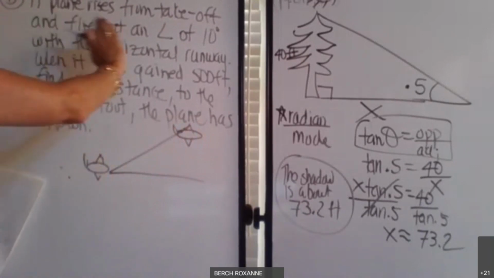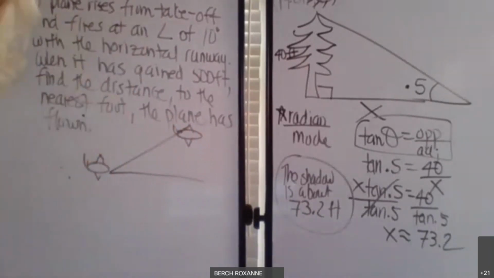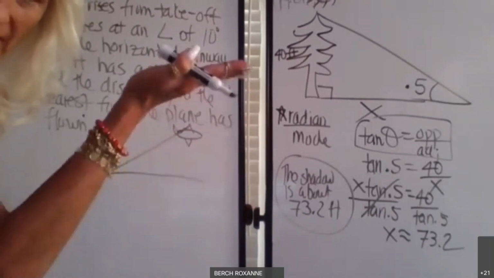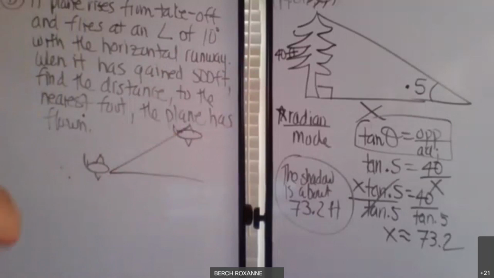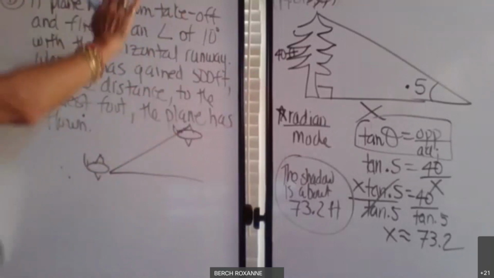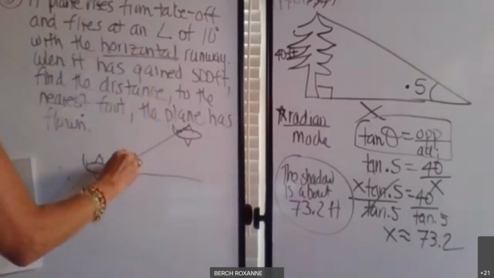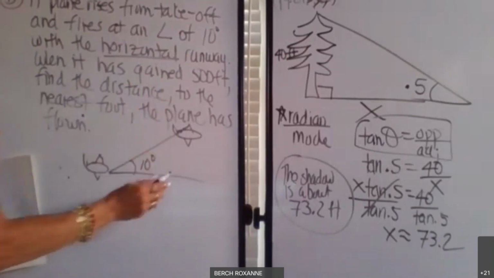So it says a plane, right? Because a plane can't go straight up like a flying saucer. So a plane has to gradually get up there. So it flies at an angle of 10 degrees from the horizontal.